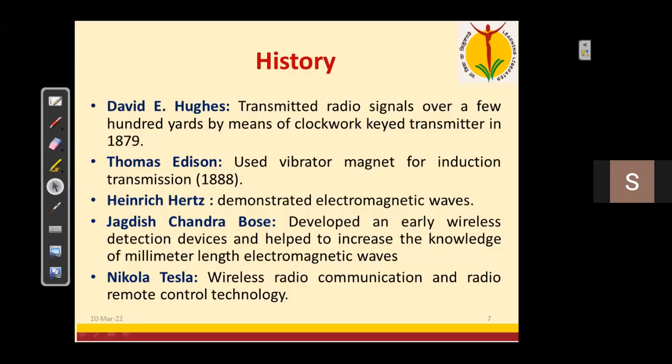Jagdish Chandra Bose designed the receiver part which receives the electromagnetic waves, and he demonstrated the nature of that wave and how it should be received. He gave birth to millimeter-length electromagnetic waves, and afterwards Nikola Tesla made a revolution in wireless radio communication and radio control technology.